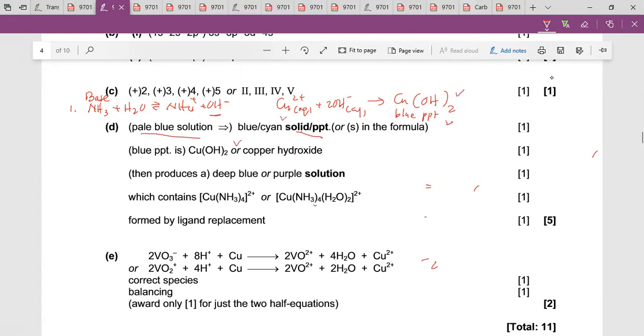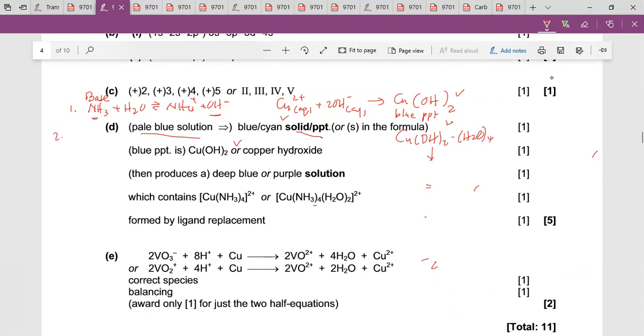Now in excess, this fellow here can be written as Cu(OH)2(H2O)4, because actually it's an octahedral complex. When you put excess ammonia, the ammonia will act as a complexing agent.